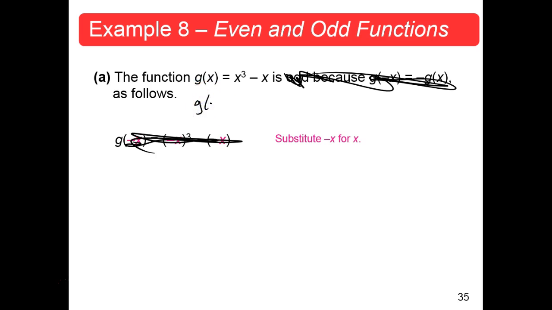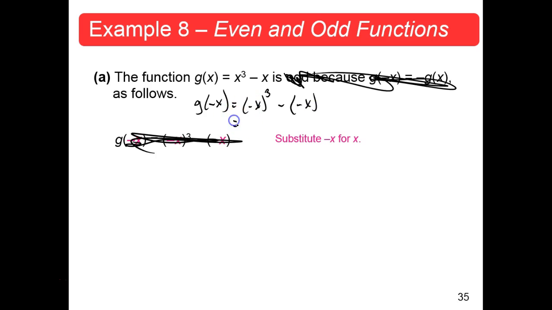G of negative x. So what do you do here? Are y'all awake yet? Okay, good. What do you get if you plug in a negative x? Negative x cubed, that's the negative x in parentheses, cubed, minus a minus x.